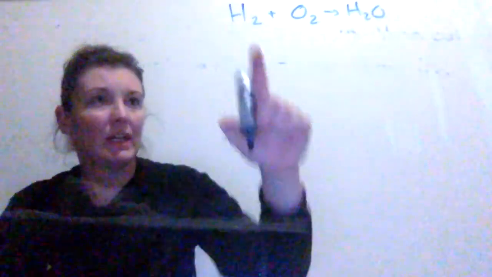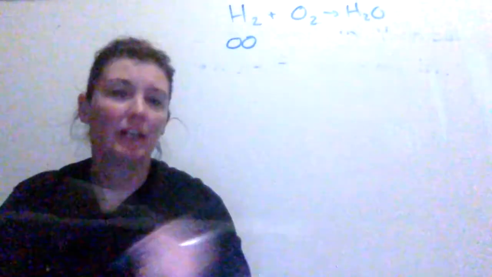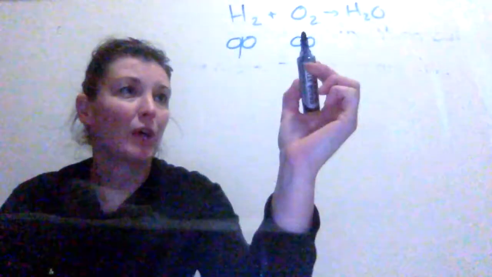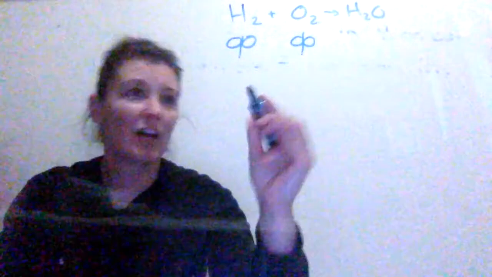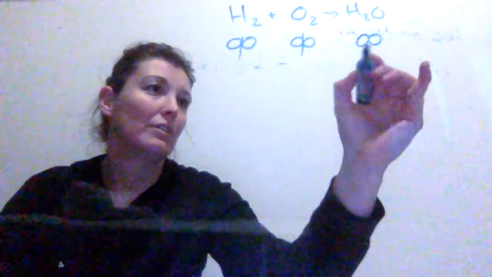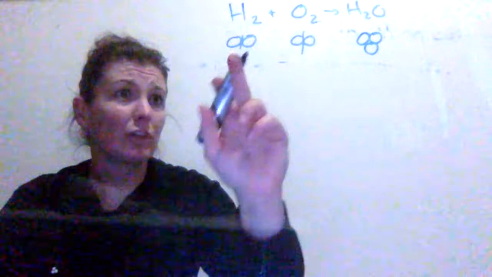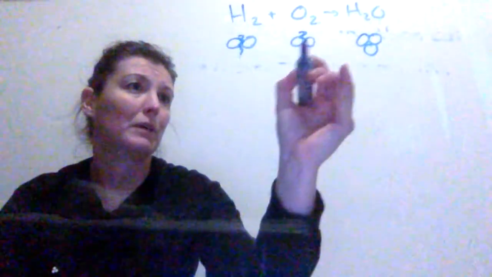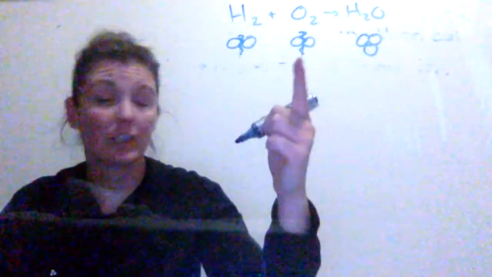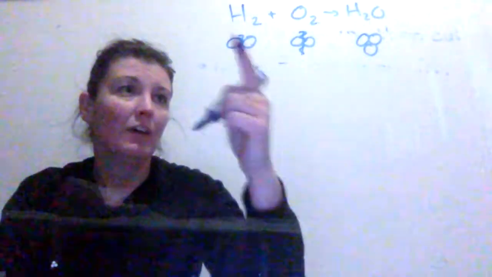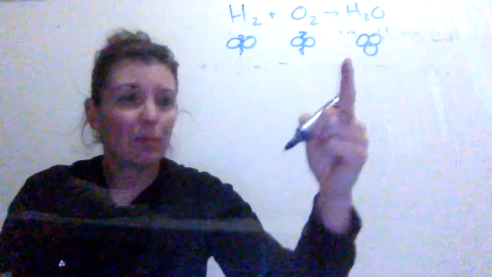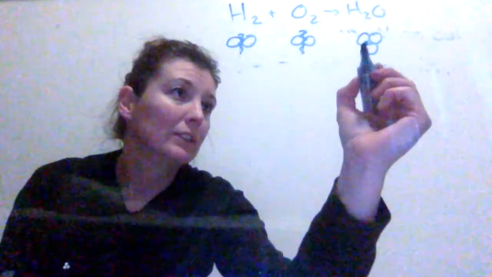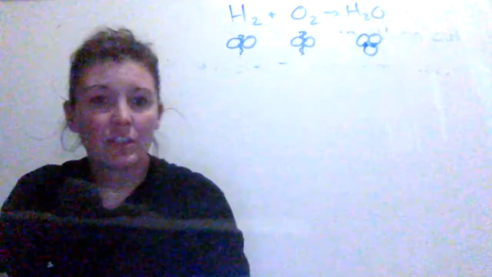What's happening is these two H's that are bonded together, and these two O's that are bonded together, those bonds need to break in order to reshuffle and then become H2O. In order for these bonds to break, they require energy. So we need to add energy, or it's going to absorb energy from the environment. And then when new bonds are made, energy is released.